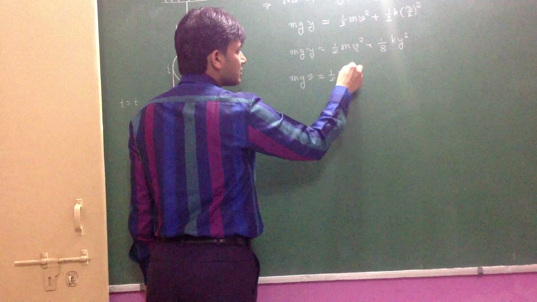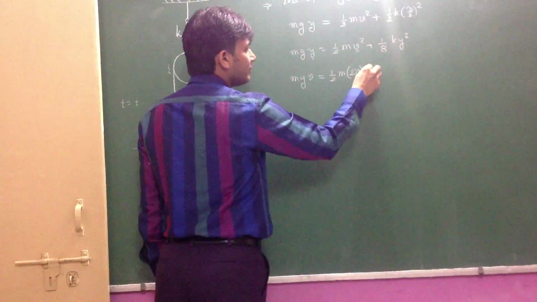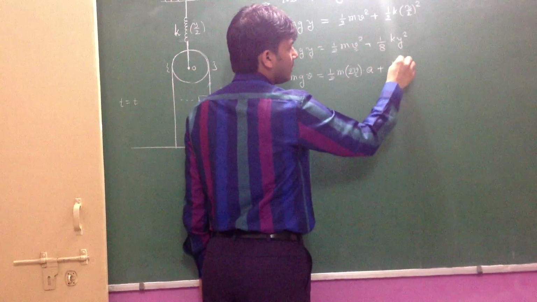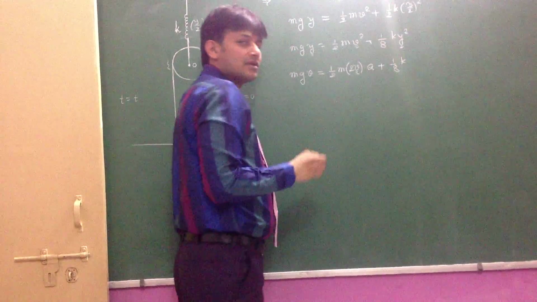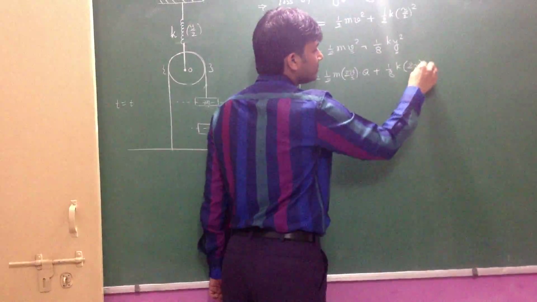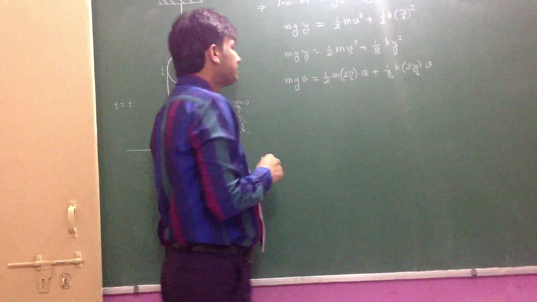The differentiation of v square is 2v, and the differentiation of v is acceleration. The differentiation of y square is 2y, and again the differentiation of y is velocity.